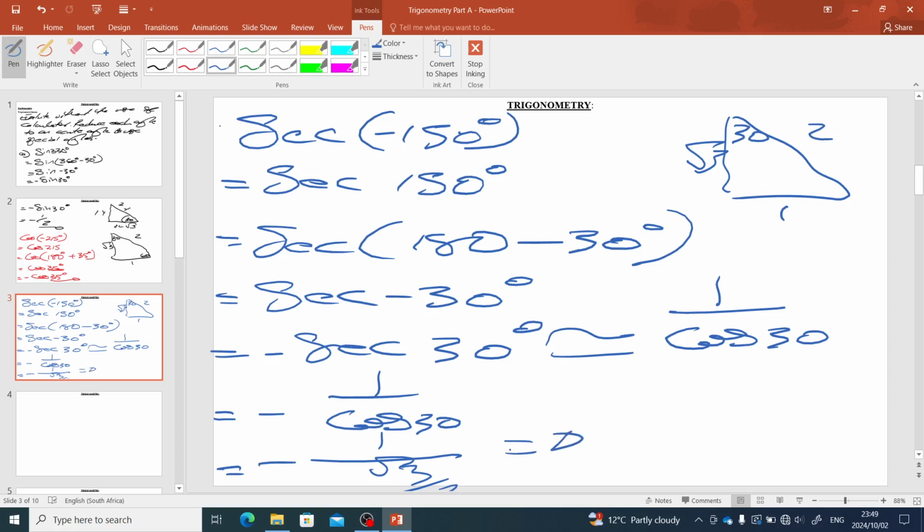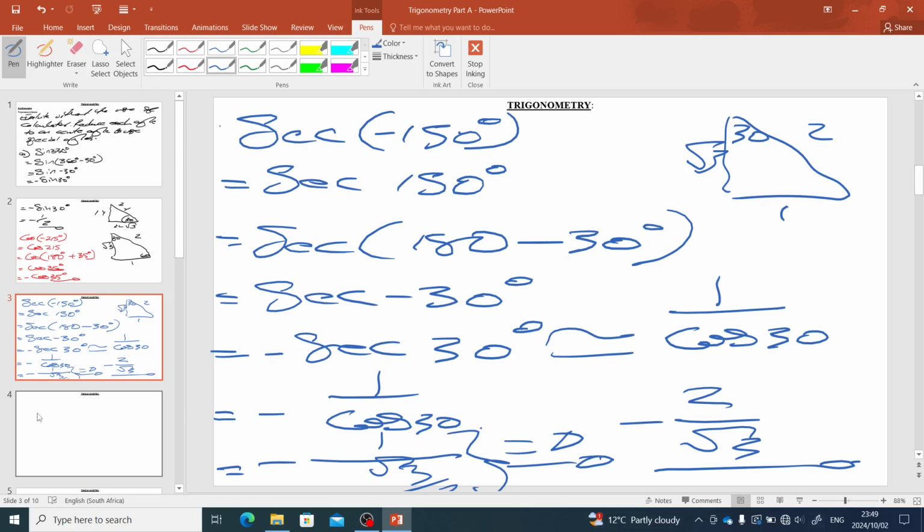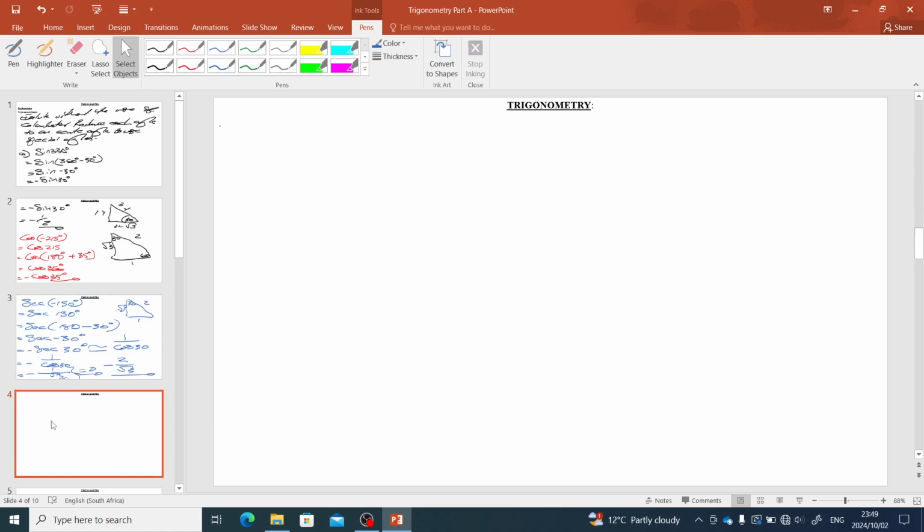It will be one and the same thing as negative 2 over square root 3. When we simplify this further, it will be that. This is how we apply that which we've touched on so far.